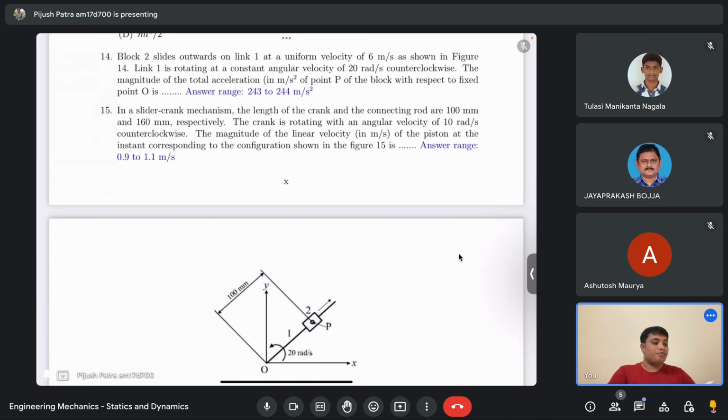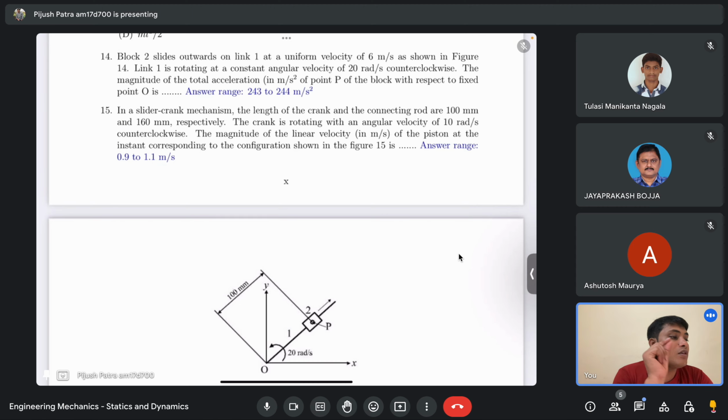The link 1 is rotating at a constant angular velocity of 20 radian per second counterclockwise, as given.